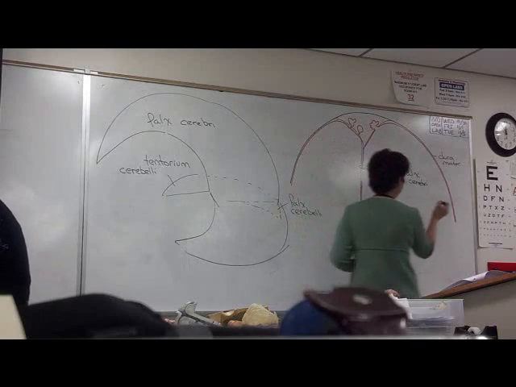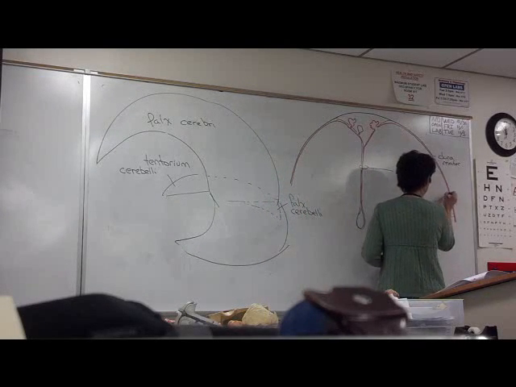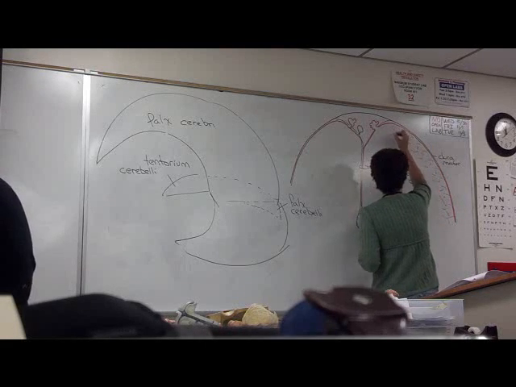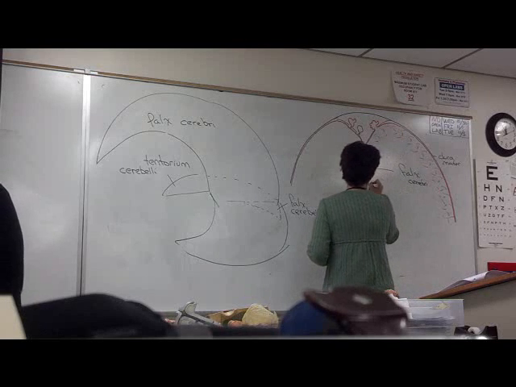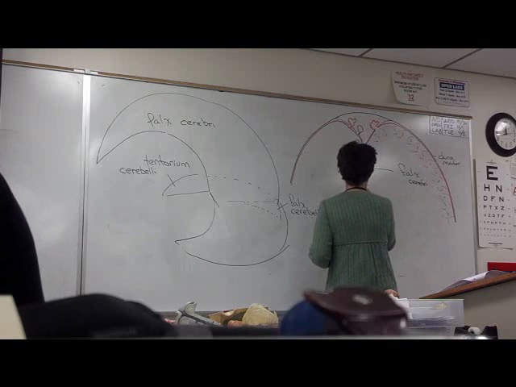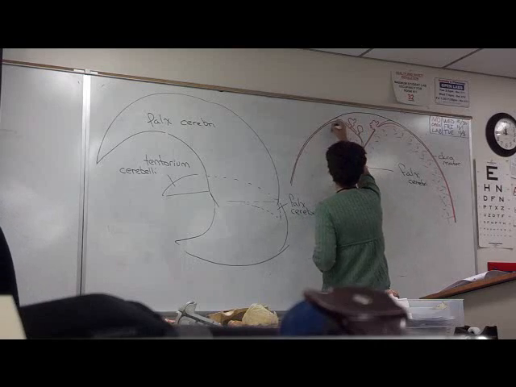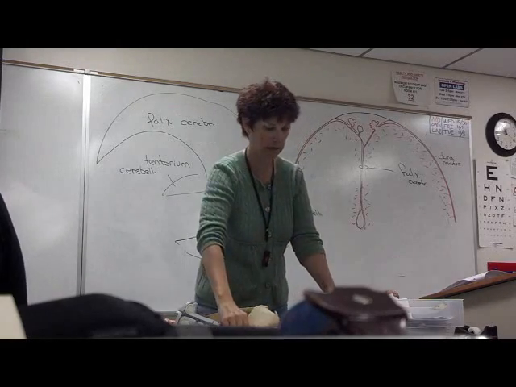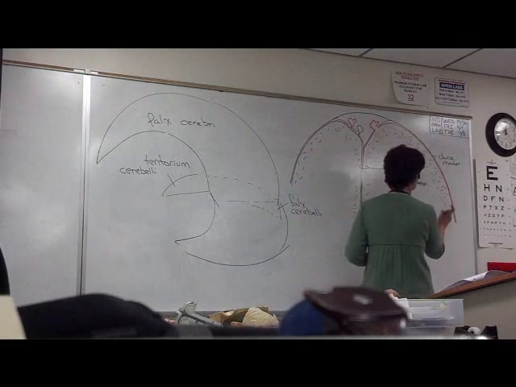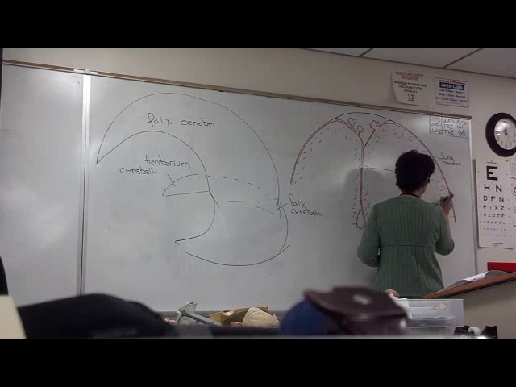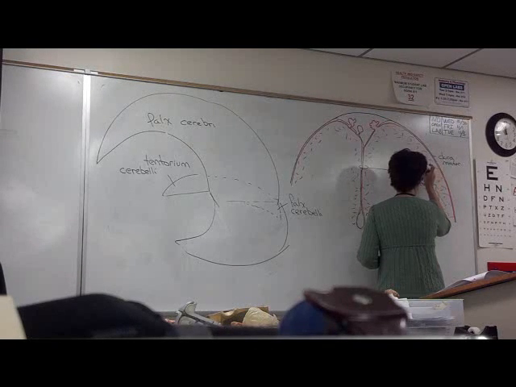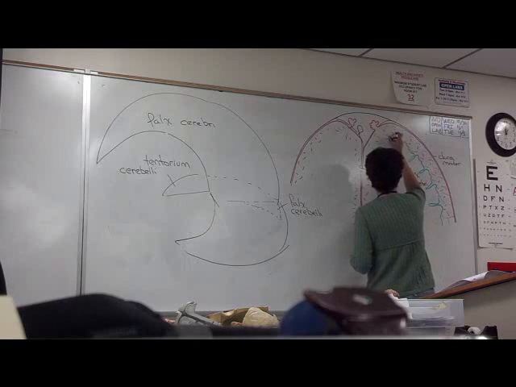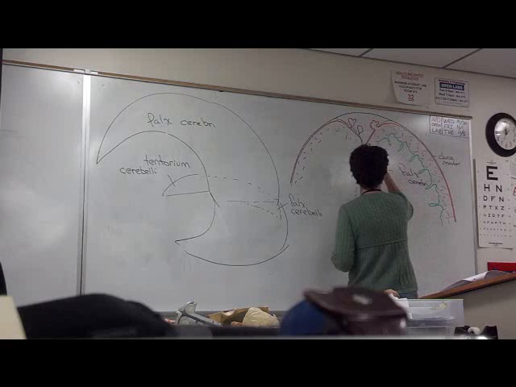And then we have our spidery lines in our subarachnoid space. And then we have our pia mater, which was green, right? These are the folds on the surface of the brain.